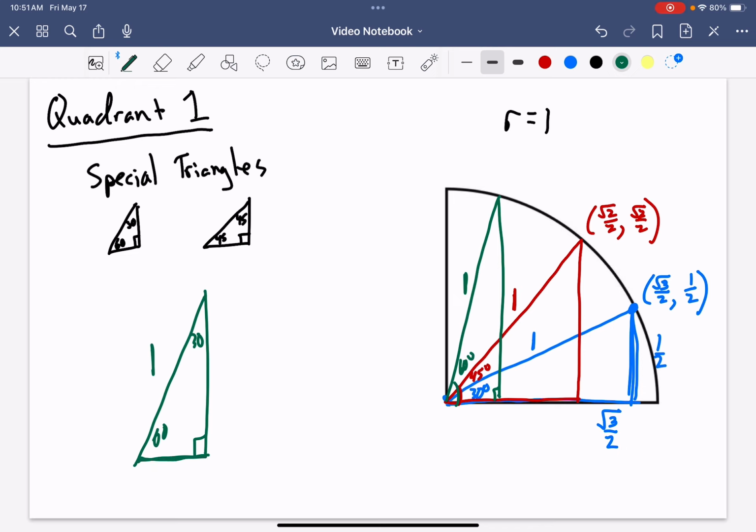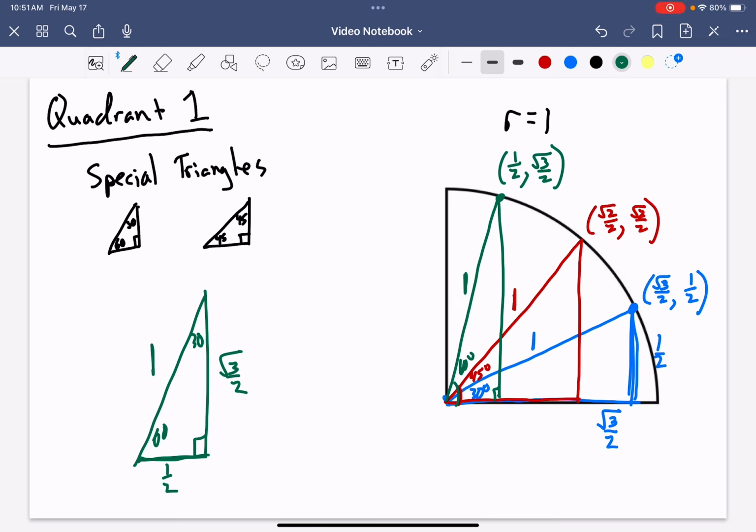Well, the short leg is going to be half the length of the hypotenuse, so that's 1/2, and then we know that the tall leg is √3/2. So we have 1/2, comma, √3/2.